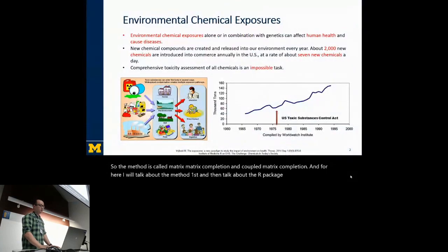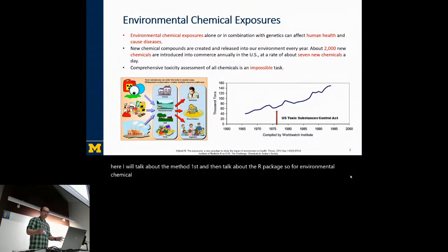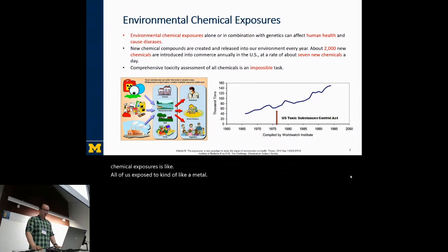So for environmental chemical exposures, all of us are exposed to all kinds of environmental chemicals, and based on previous studies, 2,000 new chemicals are released into our environment every year in the US. That's like 7 new chemicals per day.